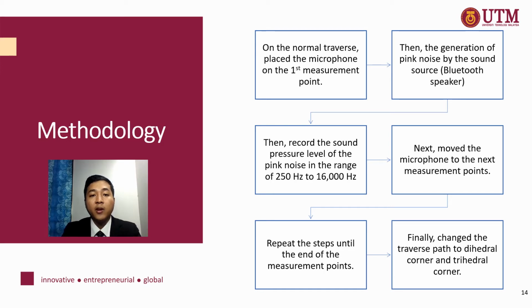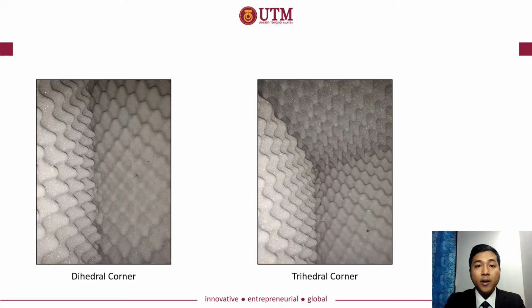I will move on to the next measurement point and repeat the step until the end of the measurement points, and finally I will change to another traverse, which is the dihedral and the trihedral corner. Here are the examples for the dihedral as well as the trihedral corner.